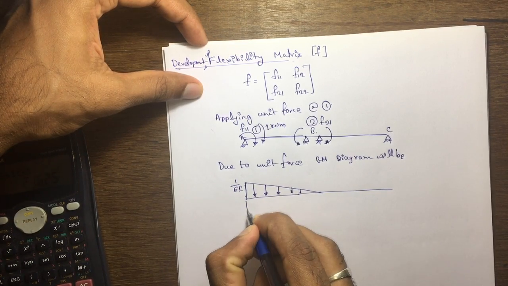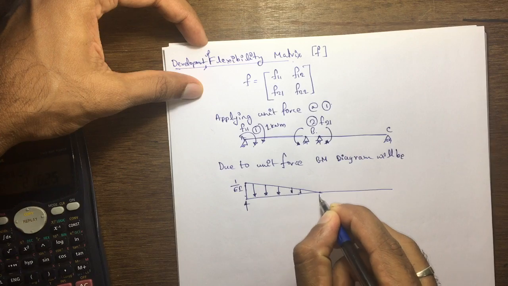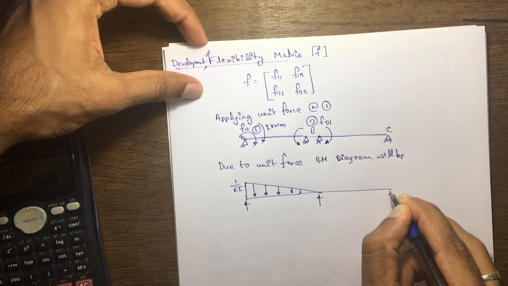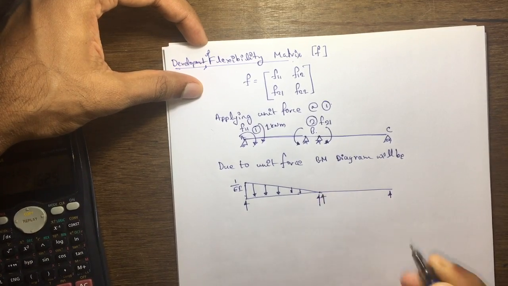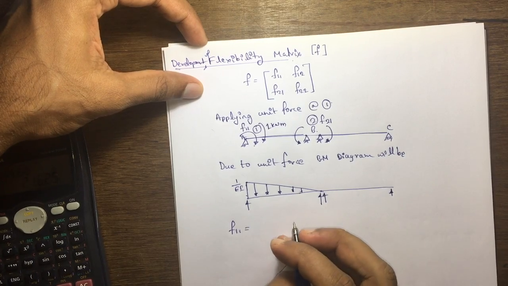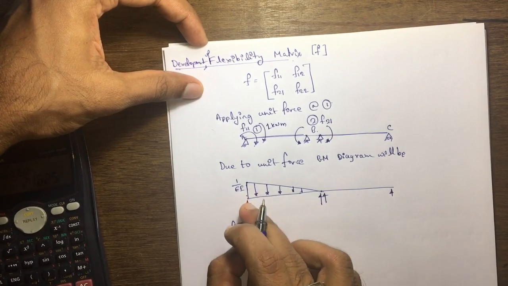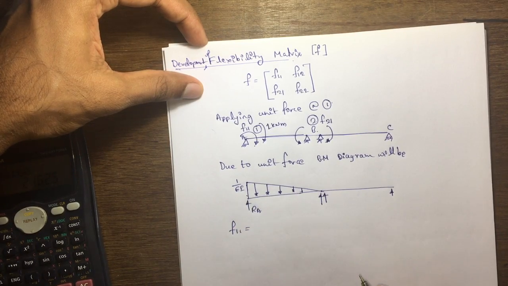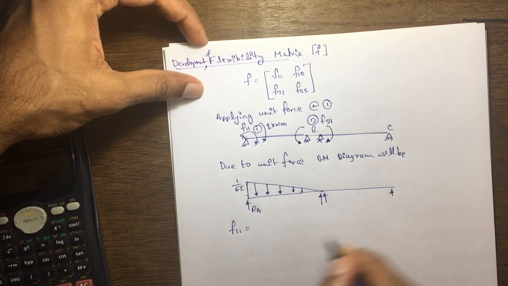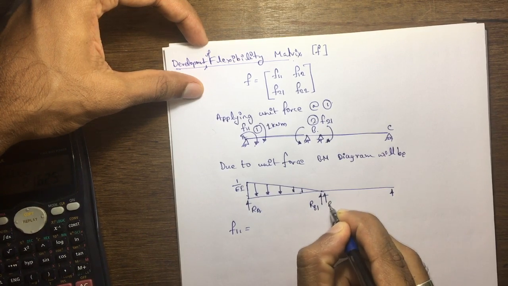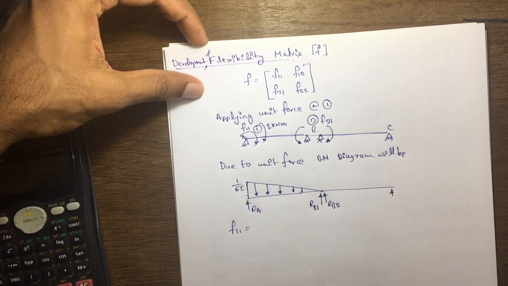If I want to find the reaction here, for these two beams, F11 is equal to shear force at this point, that is RA. If I want to find F22, that is shear force RB1, RB2.